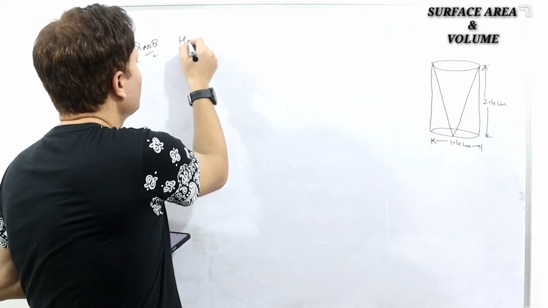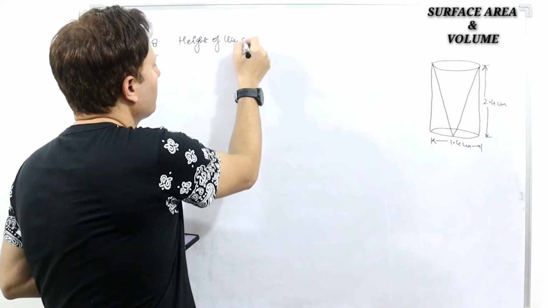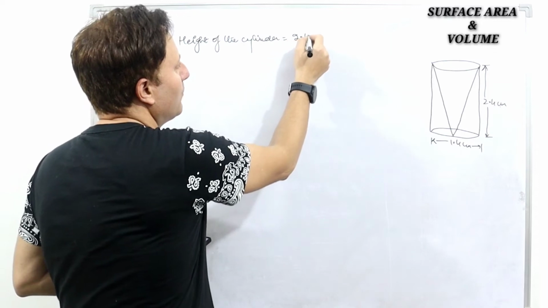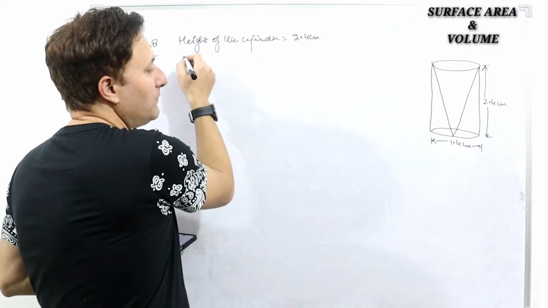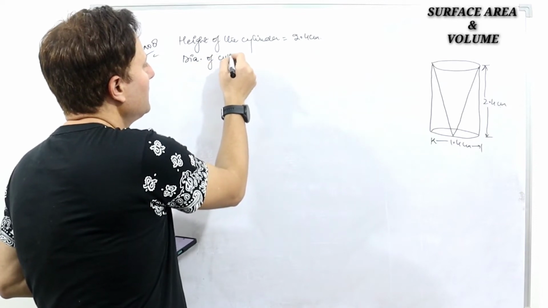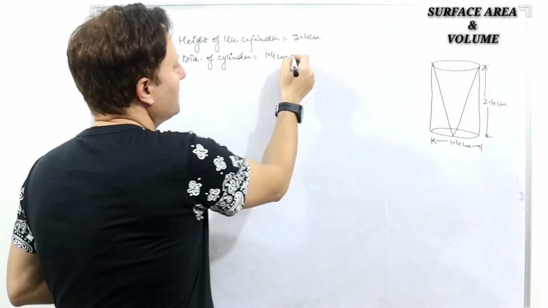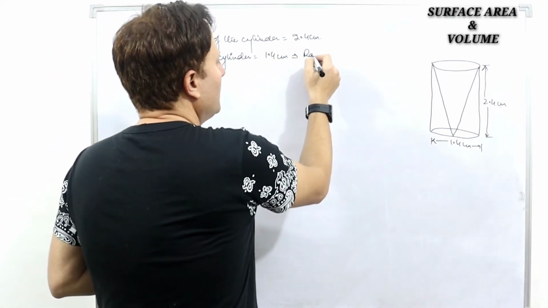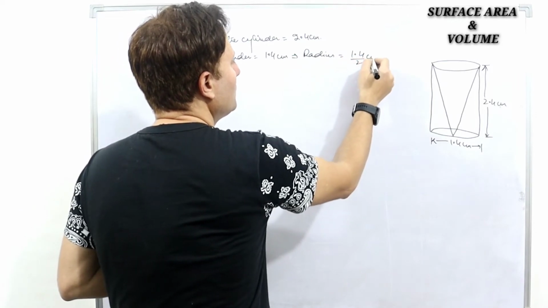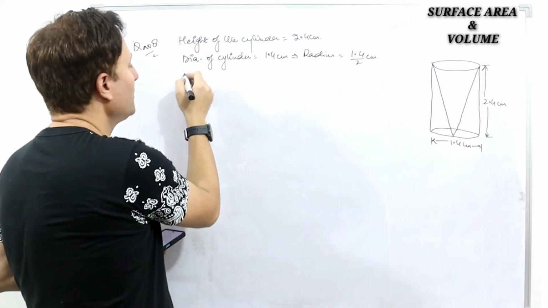First of all, height of the cylinder. That is 2.4 centimeter. Then we have diameter of cylinder, which is 1.4 centimeter. Radius will be 1.4/2 centimeter. Now we are talking about the cone as well.